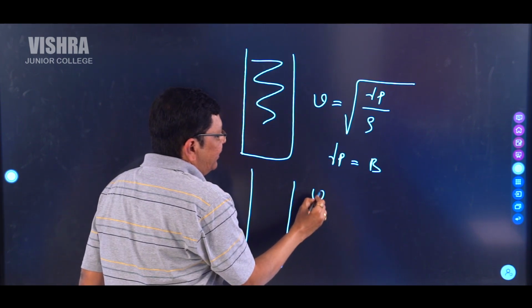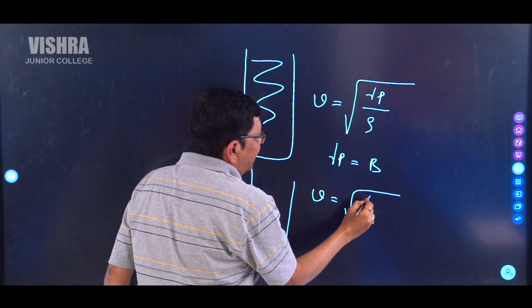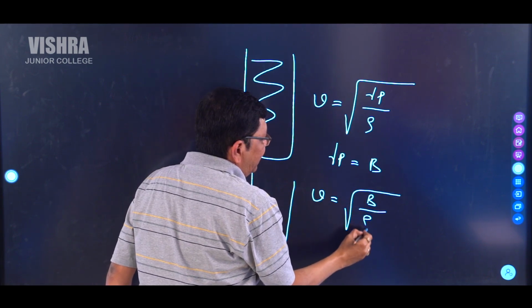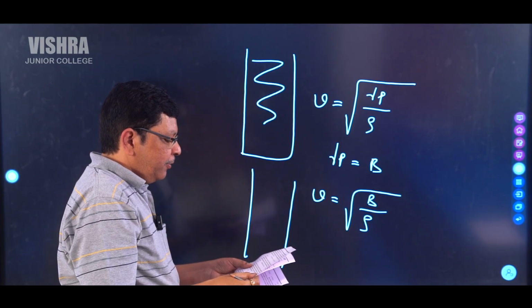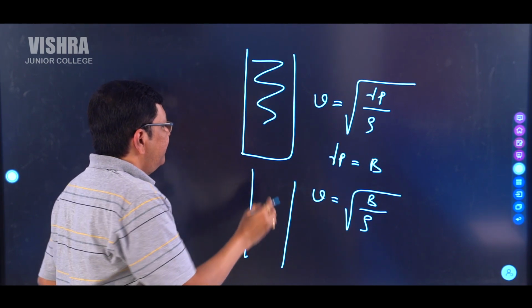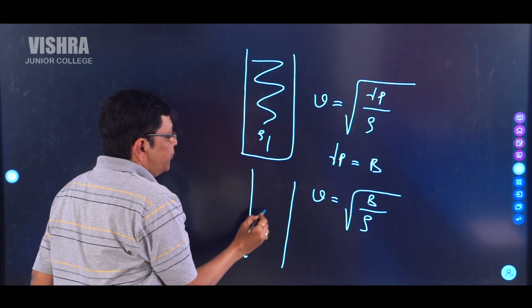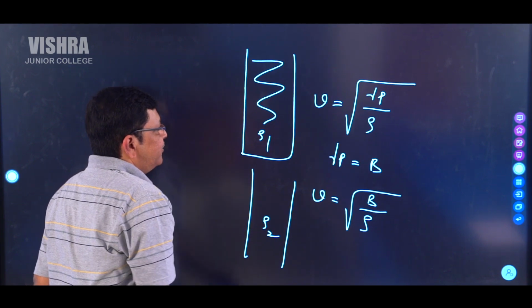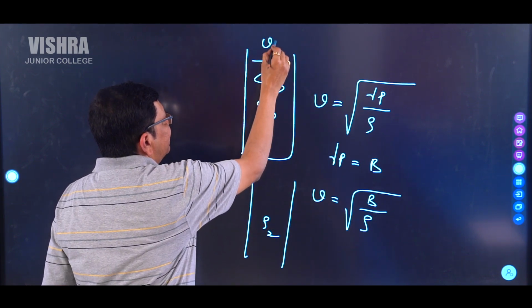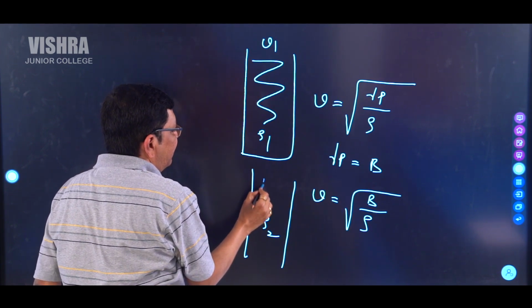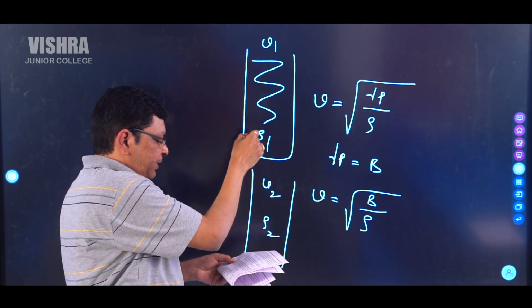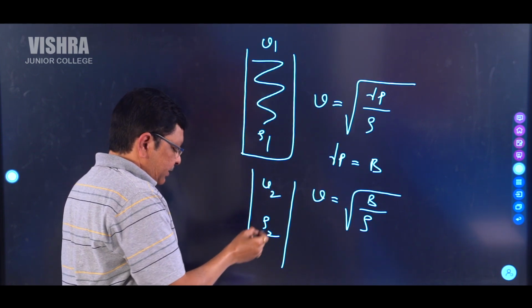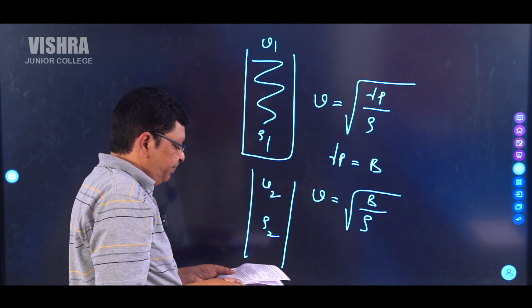So I can write here velocity is equal to under root of bulk modulus upon density of the medium. Here ρ1 and ρ2 are the densities given. The velocity of sound wave in the first pipe is v1 and in the second pipe is v2. The first pipe is a closed organ pipe and the second pipe is an open organ pipe.